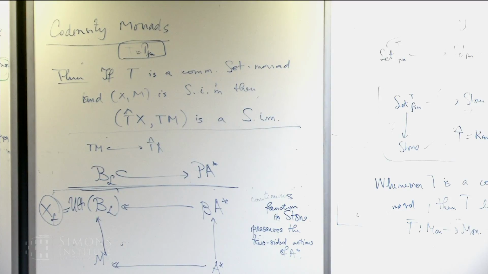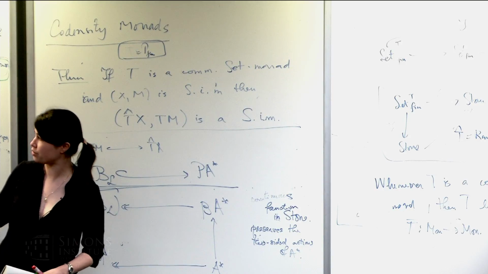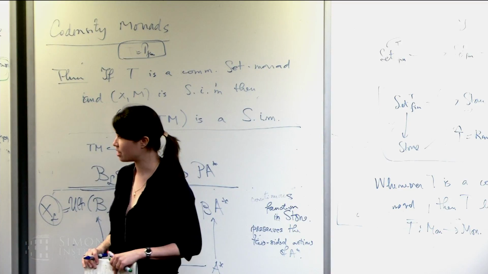And more generally, one can think of other examples like, for an arbitrary monad T, any Kleisli map from A star to B star for that monad should allow one to transform languages on B star to languages on A star.